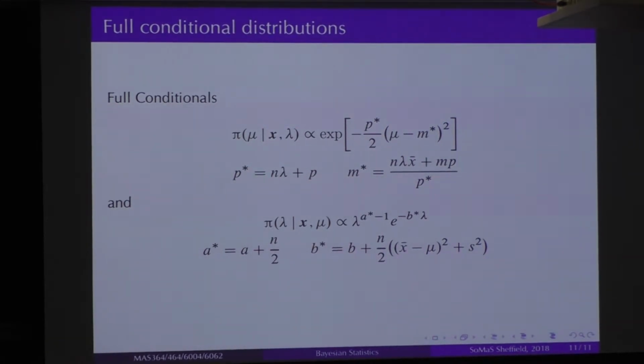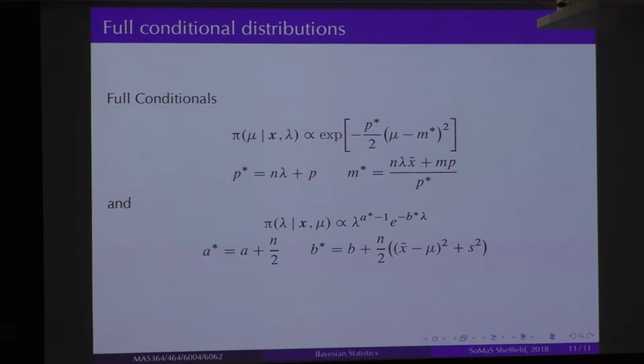Or we can try and do updating one parameter at a time, okay? Which is easier because then we will need to use only one-dimensional distributions as proposals. And that's the main advantage of updating one parameter at a time, okay?